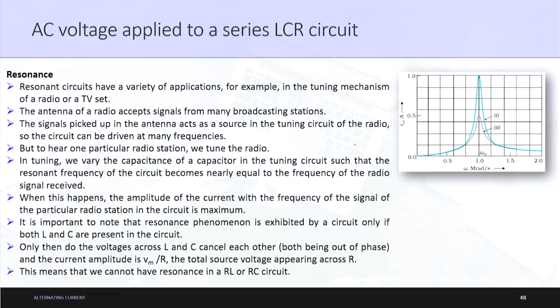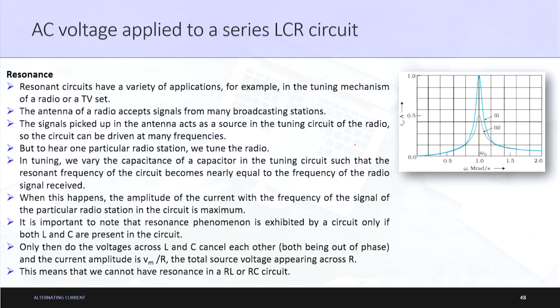We understood it theoretically and then mathematically. In resonance, the value of Xc is equal to XL for an RLC circuit, that is, a circuit which involves a resistor, inductor and a capacitor.